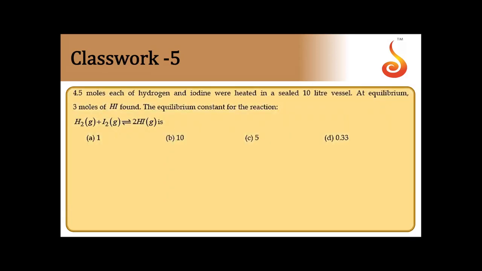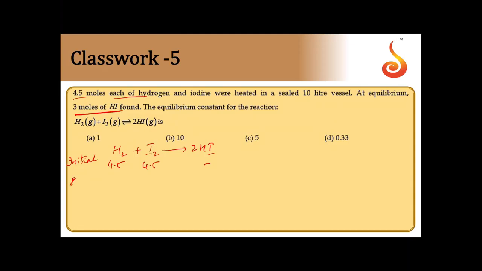So let us write the equation: H2 plus I2 giving rise to 2HI. Initial moles are given to us, 4.5 moles each, so this will be 4.5, also 4.5. And then at equilibrium 3 moles of HI were found.